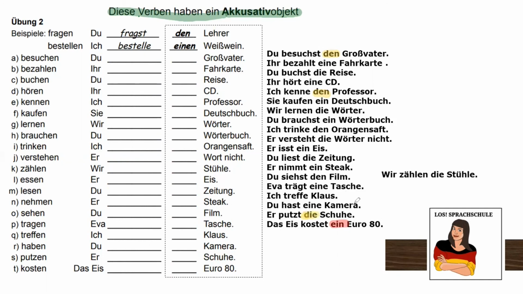Er putzt die Schuhe, he cleans the shoes. But if you would say er putzt Schuhe, which would be the plural in the indefinite form, it would say he cleans shoes. It sounds like he cleans shoes for a living, for example. And when we have the name, it's still accusative, but we don't have an article here. It would sound really stupid and like child language if you would say, ich treffe den Klaus. It's not wrong, but it's baby language.